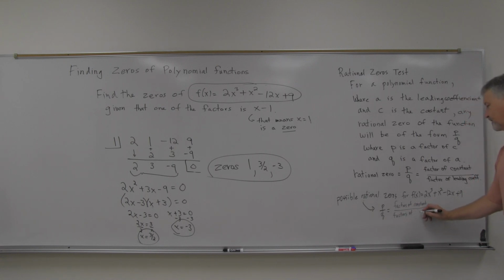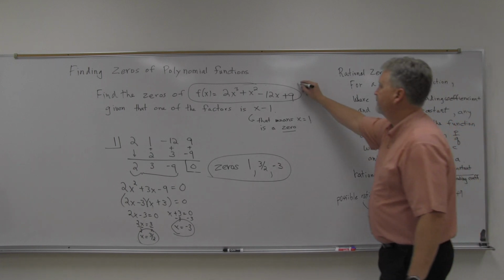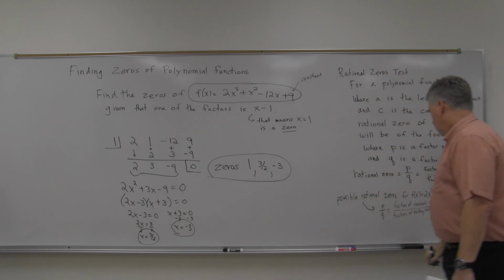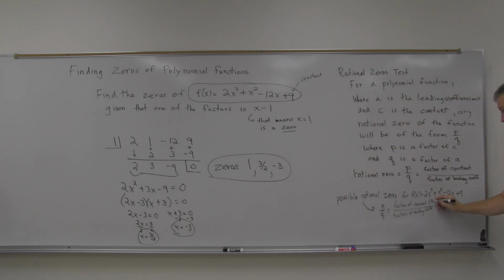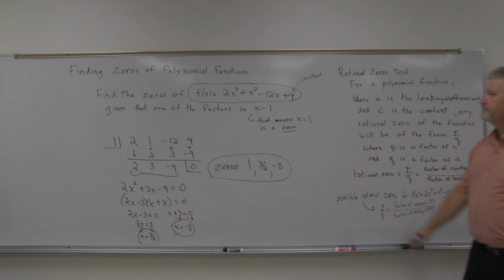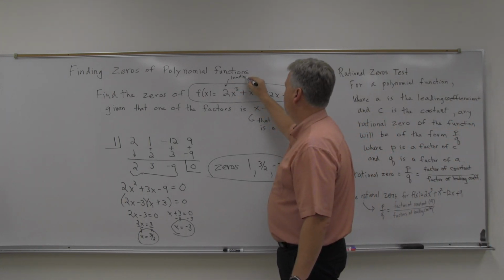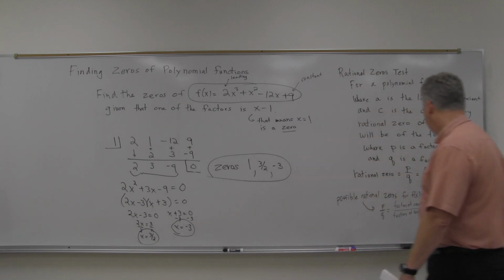Now in this case, what's our constant? That would be C. It's the constant here, so it's 9. The leading coefficient is the 2. So it'll be factors of 9 over factors of 2.